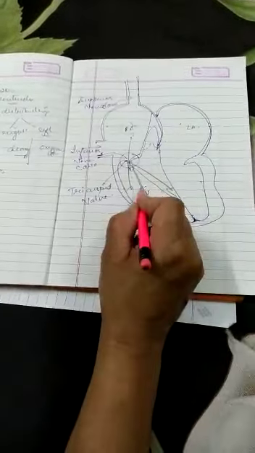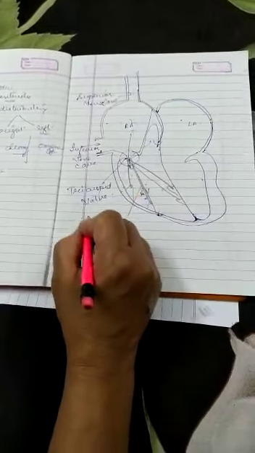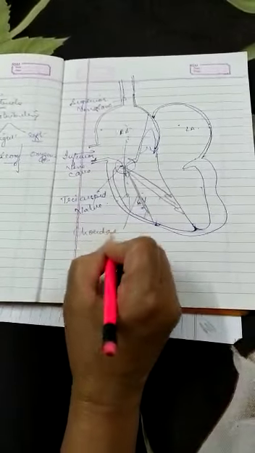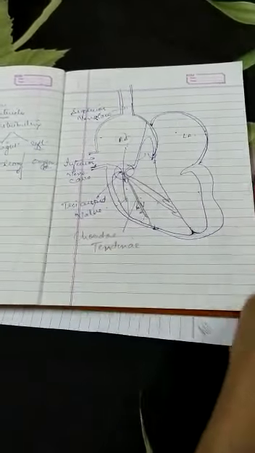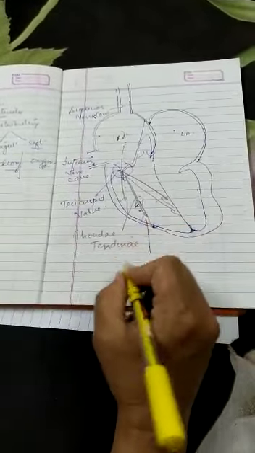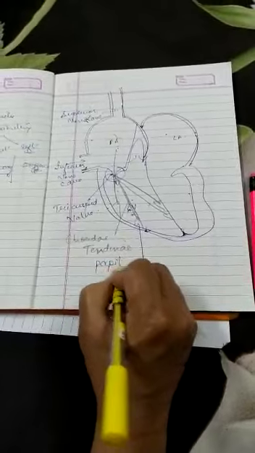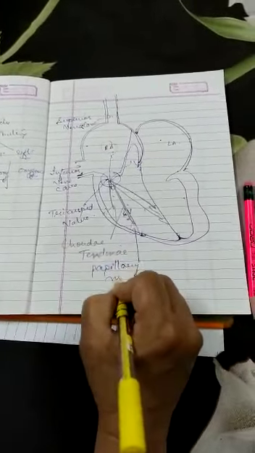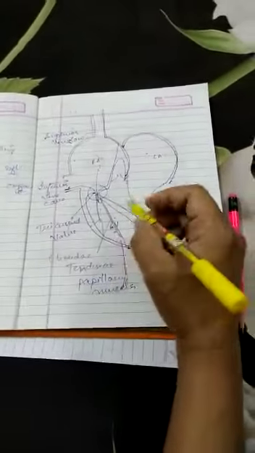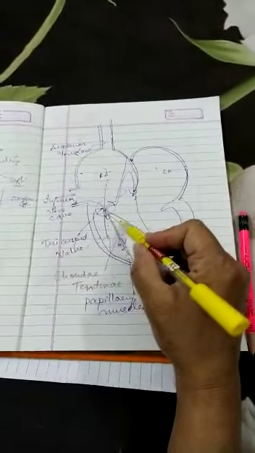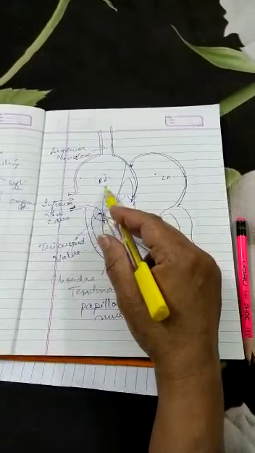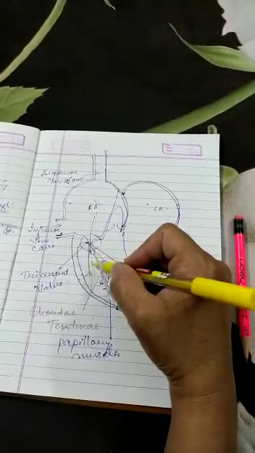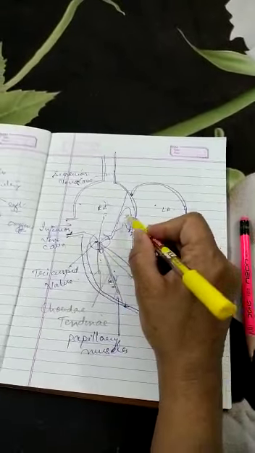These thread-like structures are called chordae tendineae and these muscles are called papillary muscles. So when the blood is in the right ventricle, these steps are closed and the blood cannot go back into the right auricle.